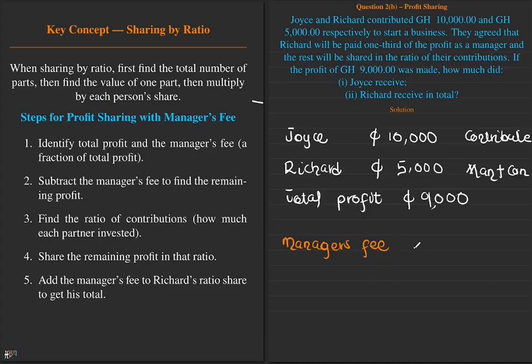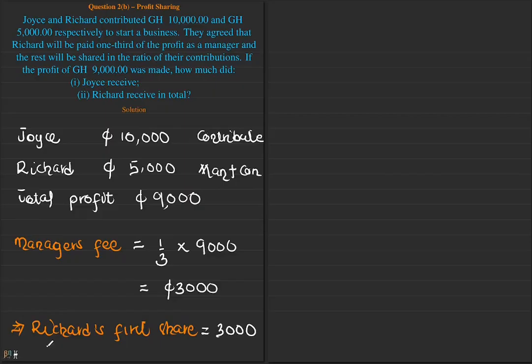The manager's fee is simply 1/3 of the profit, so 1/3 times 9,000. If you evaluate that, we get 3,000 cedis. So after the profit was obtained, a fixed amount goes to the manager. So Richard's first share is the 3,000 cedis.